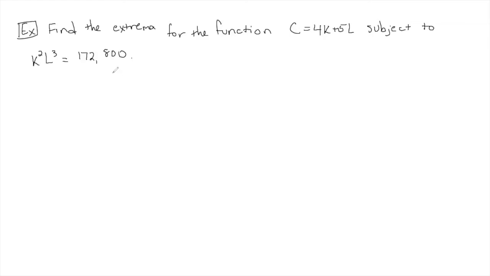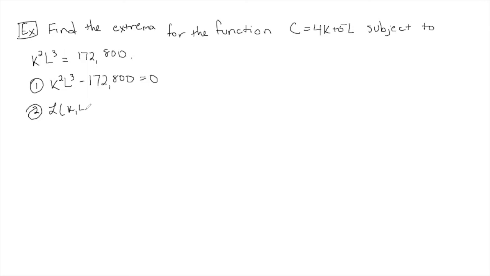Sure. Okay, so step 1, I want to rewrite the constraint equation. So I have k squared L cubed minus 172,800 equals 0. Great.